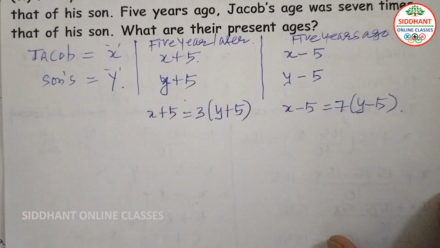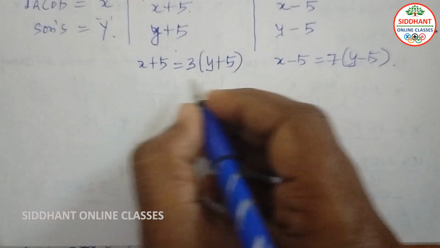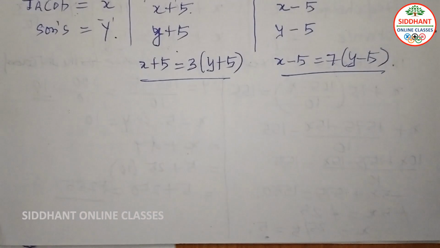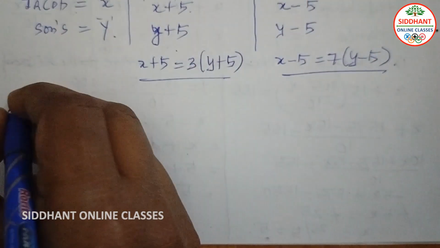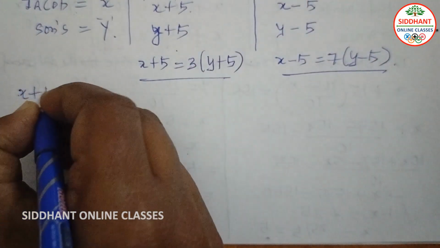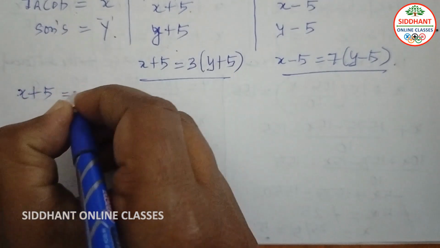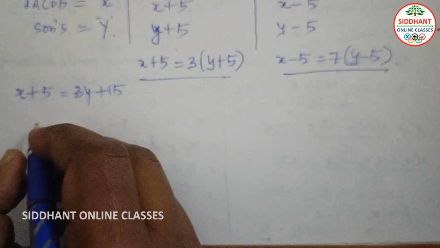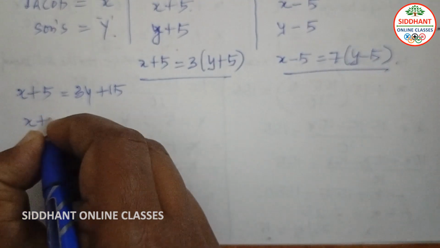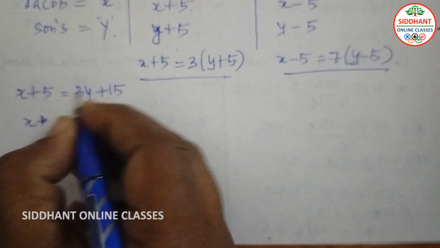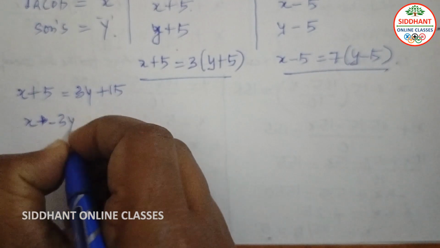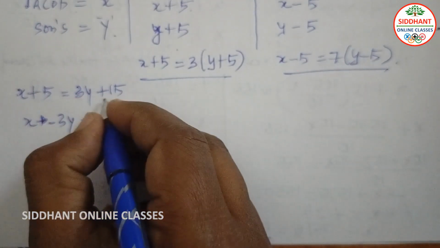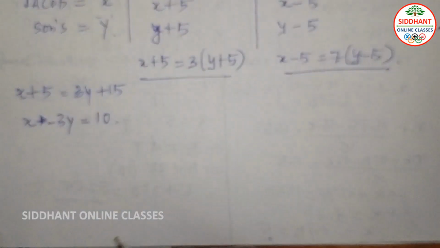So now from these two equations, x plus 5 equal to 3y plus 15 here, that means x minus 3y equal to 15 minus 5, that equal to 10 here.